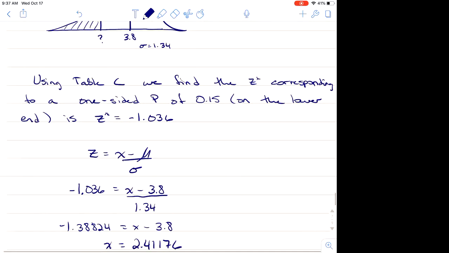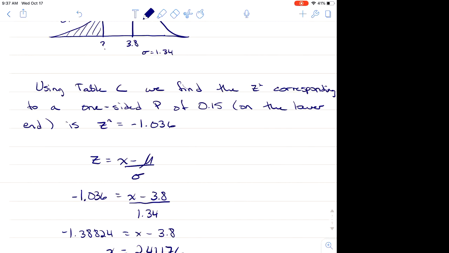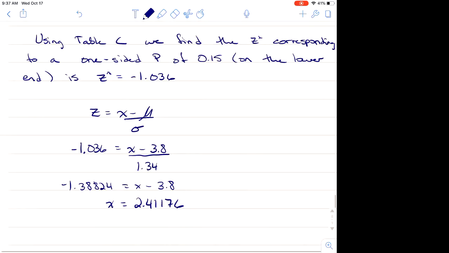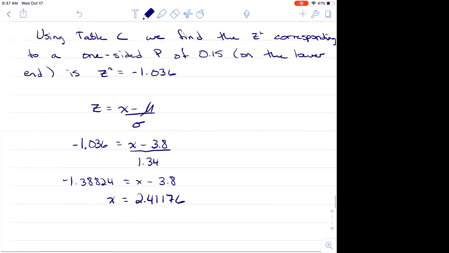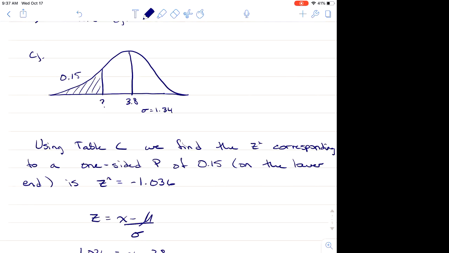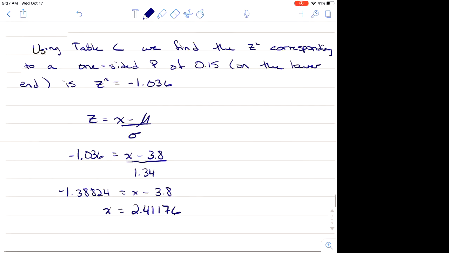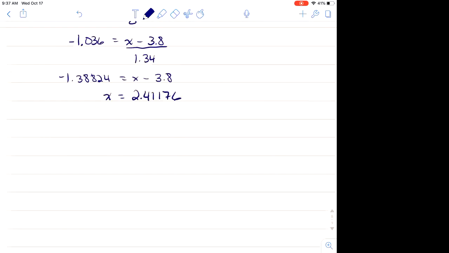Okay. So we're back here and we figured out that X must be 2.41176. So that means that any manatees that are slower than 2.41176 miles per hour, they're in the slowest 15%.